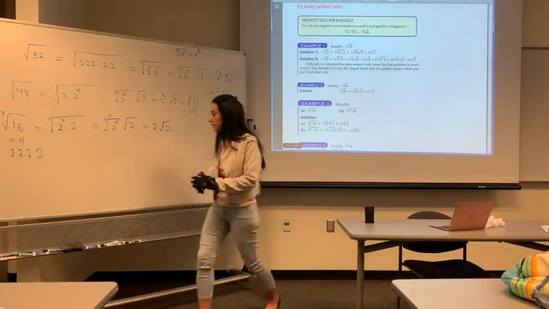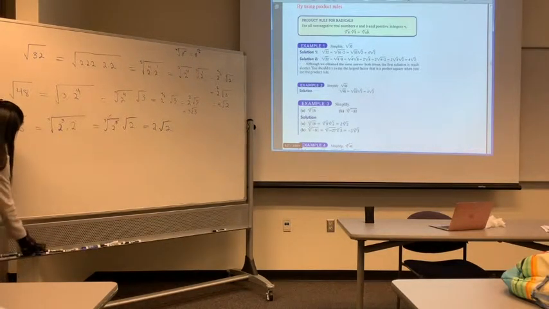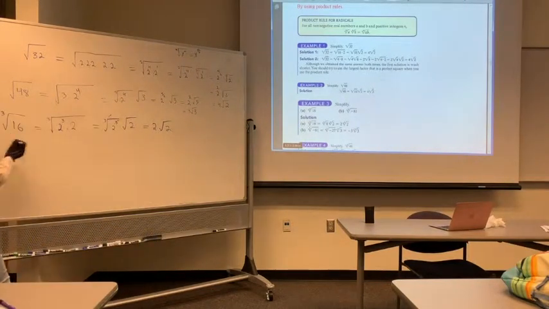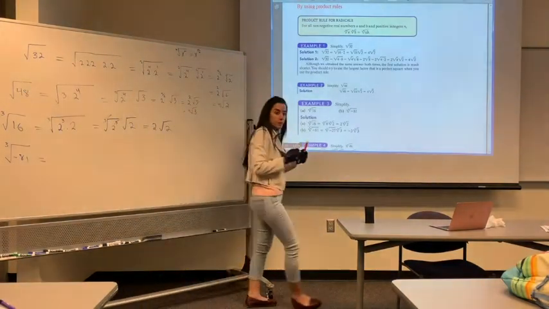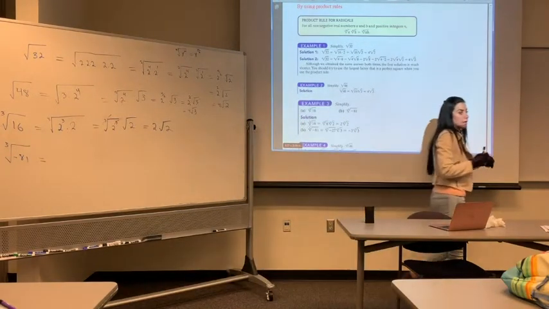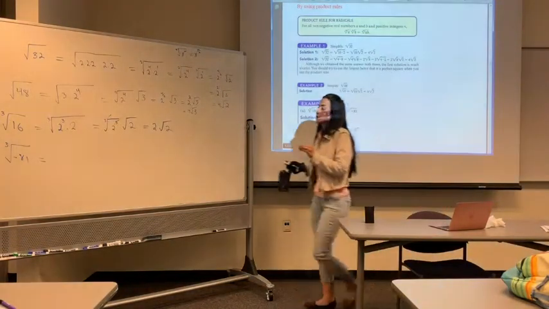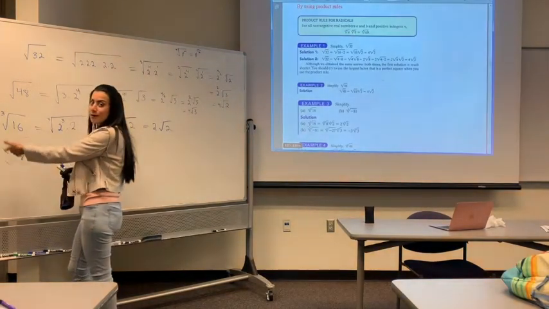Okay, so now the next one will be radical negative 81 with index 3. If you remember, we can have negative or positive numbers under radicals with index 3, 5, 7, meaning odd numbers.